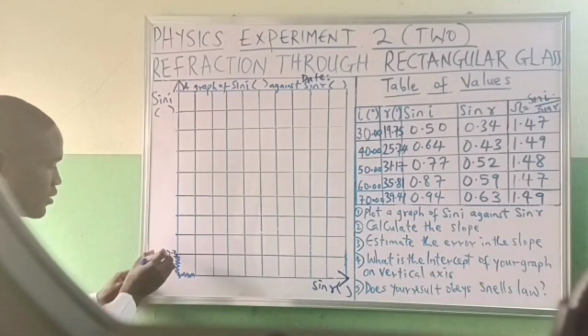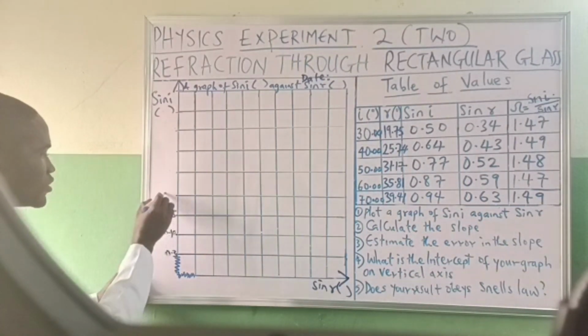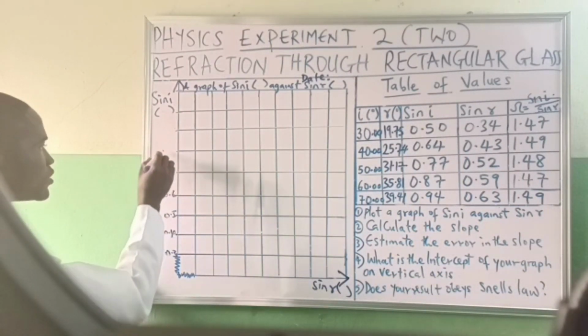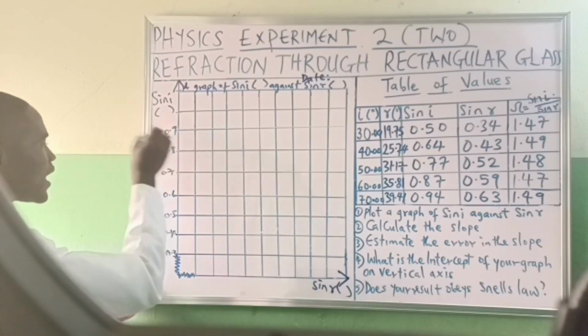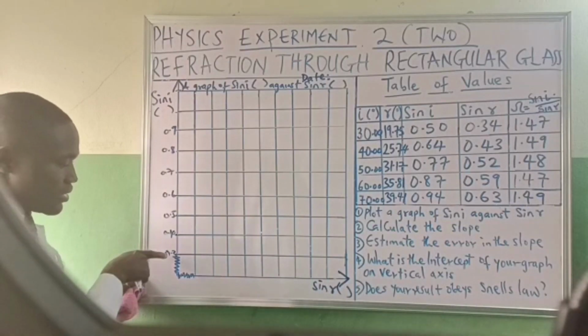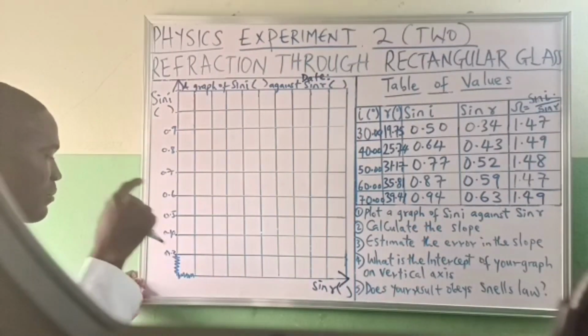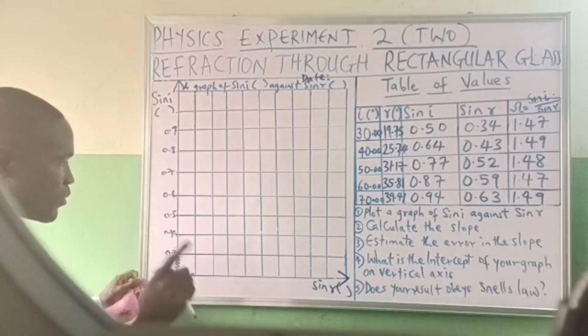For instance, I will now know that 0.3, 0.4, 0.5, 0.6, 0.7, 0.8, 0.9, and so on. That means that 0.3 is where I start, but this zigzag is sending a message that you observe starting from the origin.